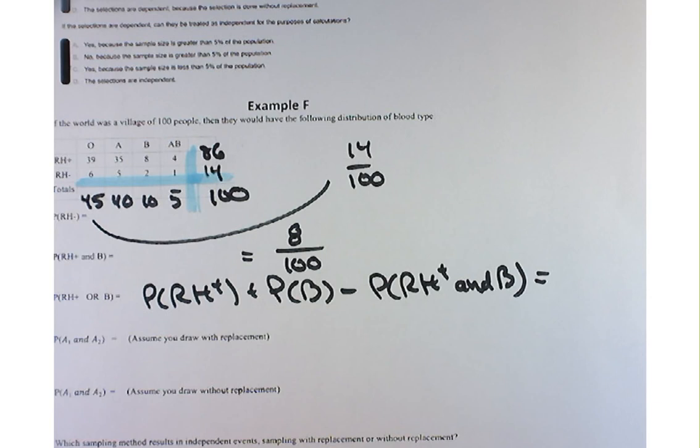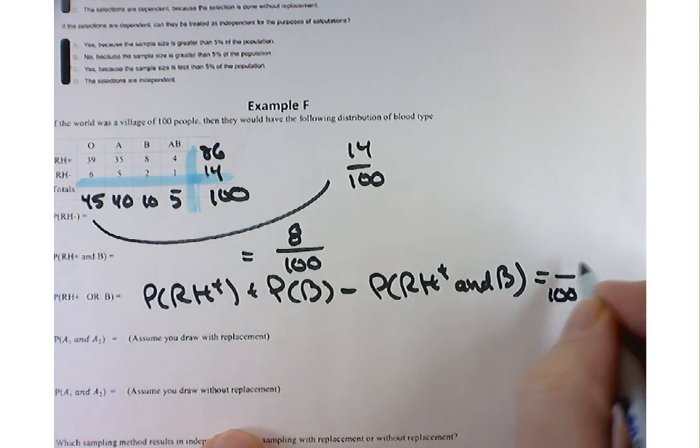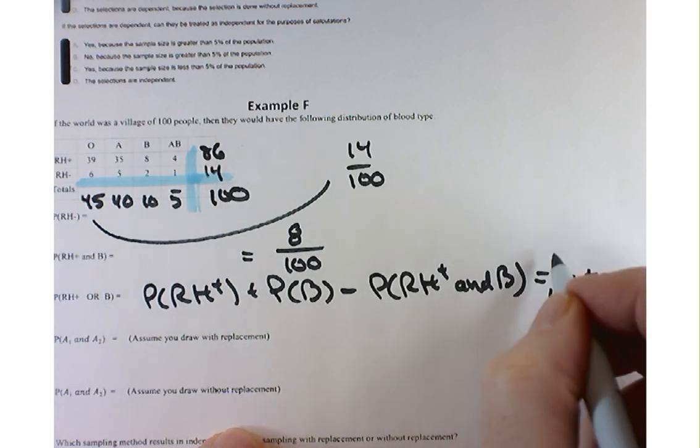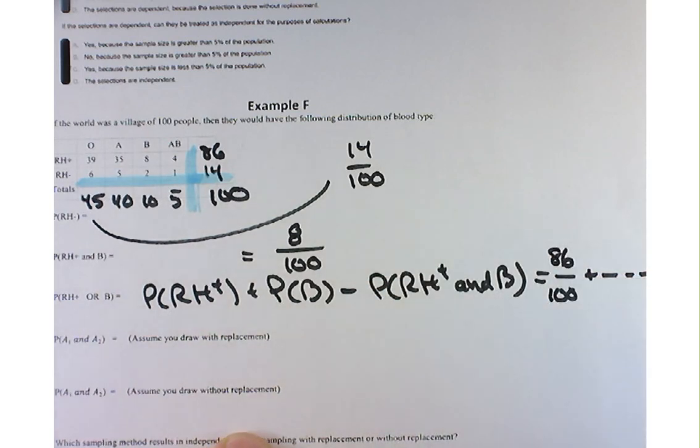Thanks, Jacqueline. Let's fill in some probabilities here. Tisha, what's the probability that somebody has Rh positive blood? Would it be 86 out of 100? Yeah, 86 people out of 100. Okay, good. Let's keep going.